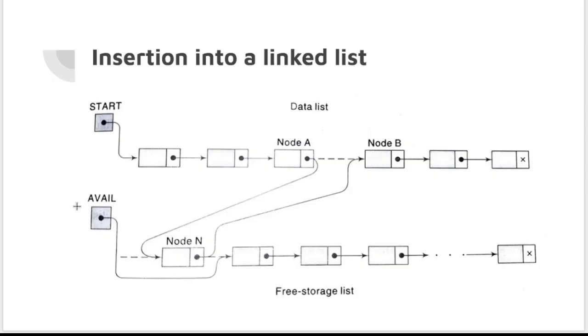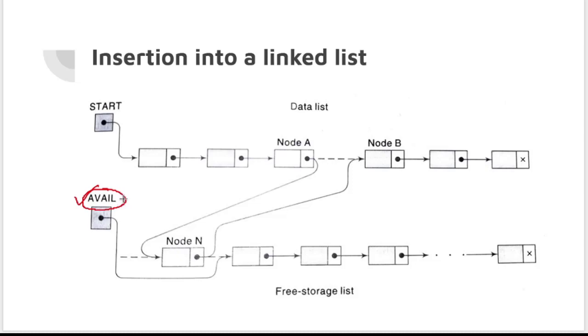When we created a linked list, we also had an additional list which stores the free space. The avail list contains the nodes which have empty space. So during insertion, we will first check if some node is available in the avail list.